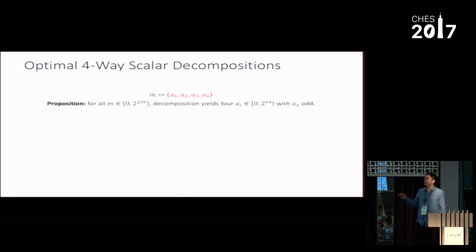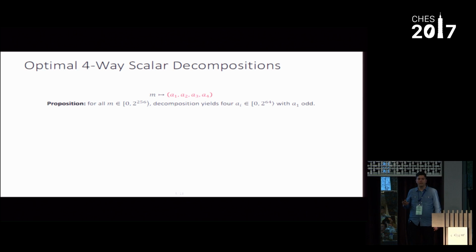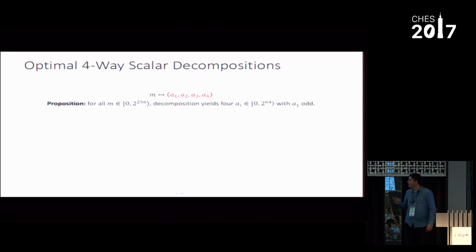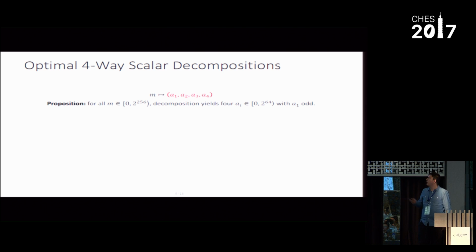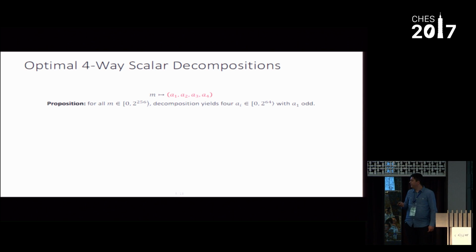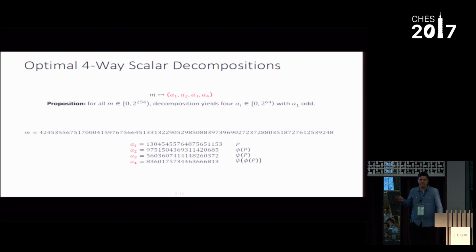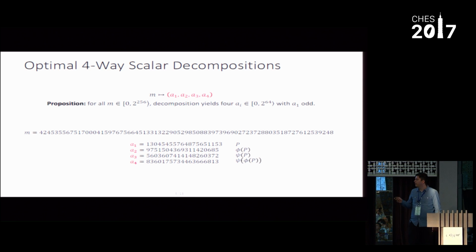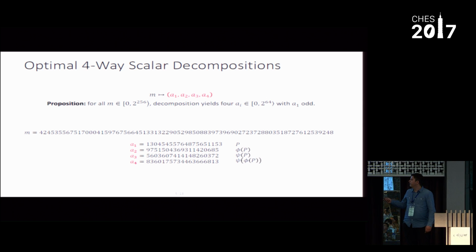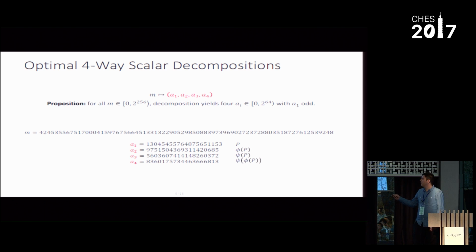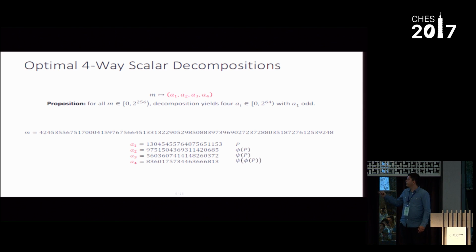Usually you have a scalar of size 256 bits, and we could decompose it into small scalars of size 64 bits. Here is just an example of a large scalar m and the decomposition. We can always find this decomposition for every m. They proved that in the paper. And here's an example of this decomposition.